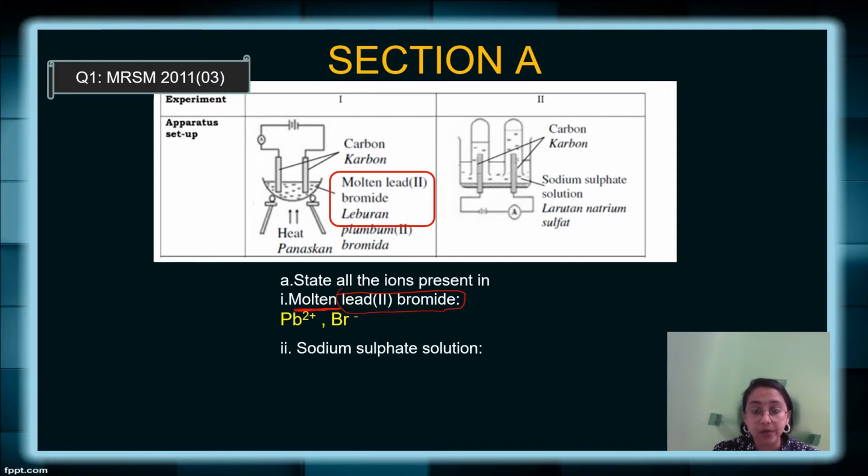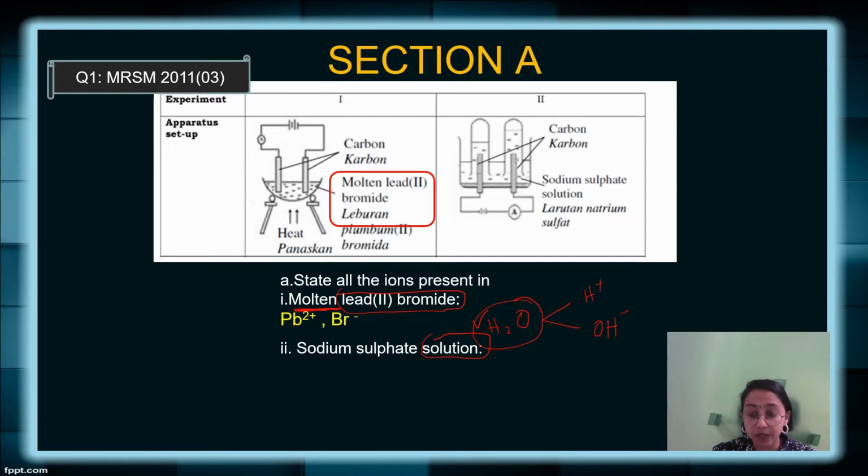Next is sodium sulfate solution. Can you see the word solution? Whenever you hear the word solution, you must know there is a presence of water. When there is water, in addition to the positive and negative ions of the substance, you also have the ions that come from the water, which are hydrogen ions and hydroxide ions.